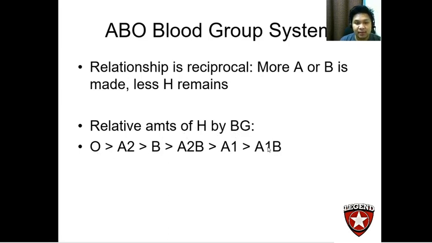Among the various ABO blood groups, those of the type O have the most H antigen, since the H antigen is not converted to A or B. This is followed by those of the A2 type, then the B type, then type A2B, type A1, then type A1B. Type A1B has the least amount of remaining H antigens, since most of the H antigens are already converted to the A or B antigen.